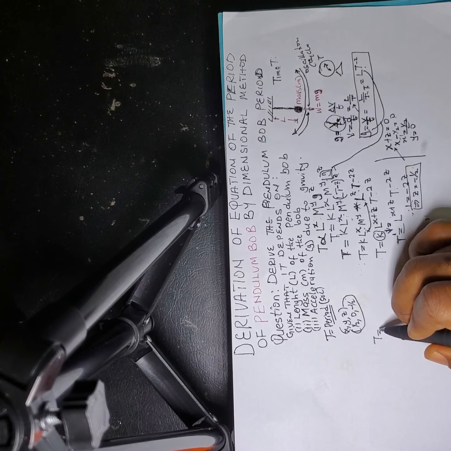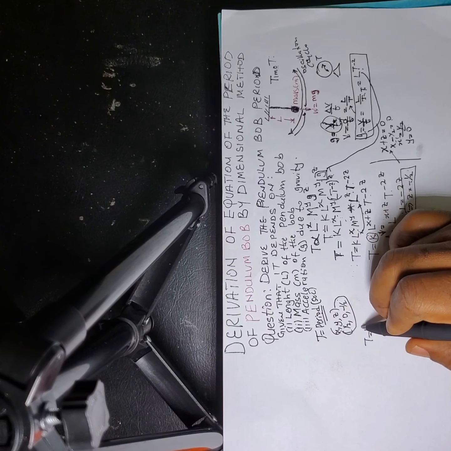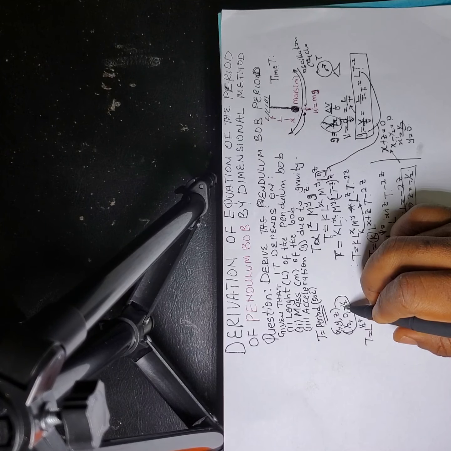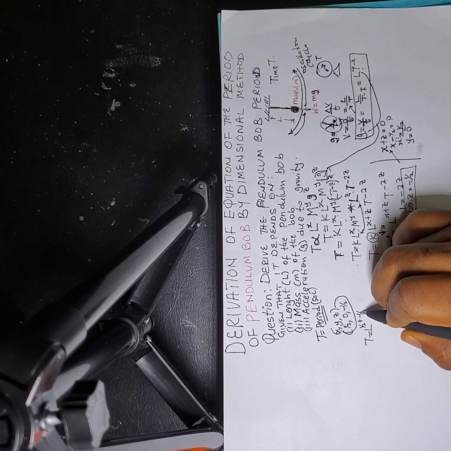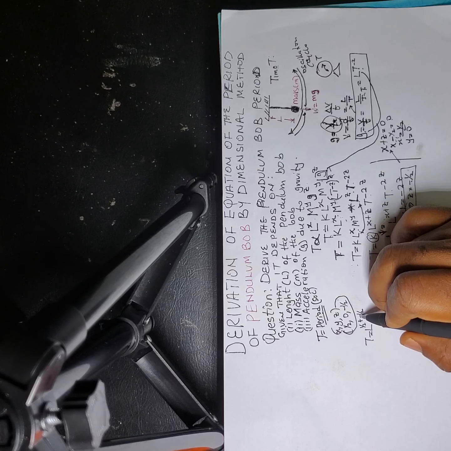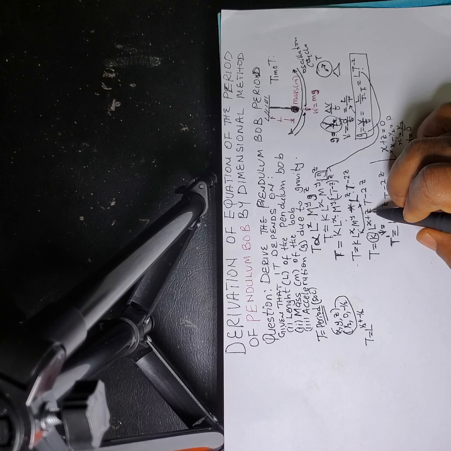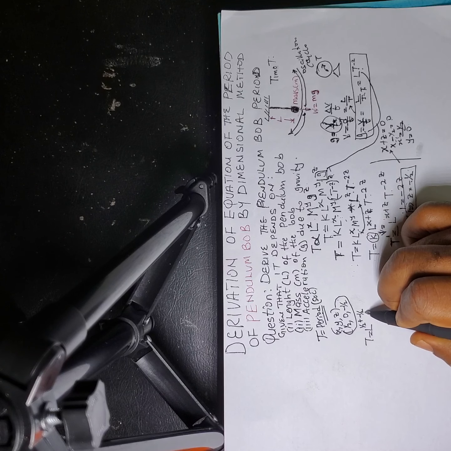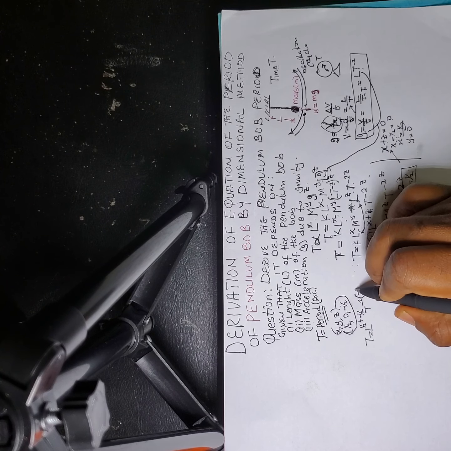So since we've gotten these parameters, we can now rewrite what we have here as T is equal to L raised to power x plus z, and my x is half. That is half plus z, and my z is minus half, then times T raised to minus 2 times the z here, which is minus half.